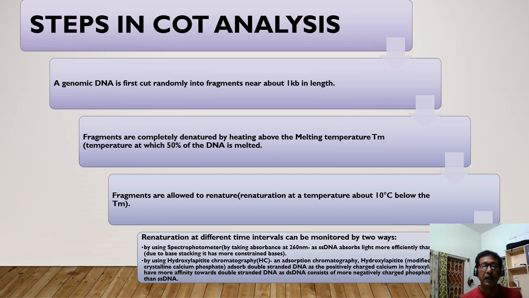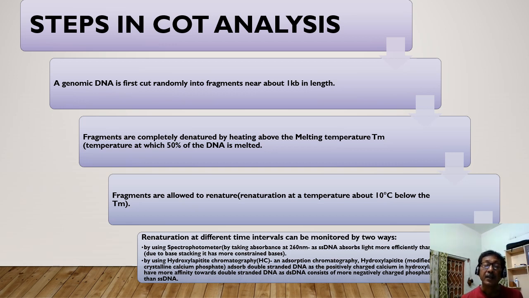Firstly, we have to isolate the DNA from the cell, and this DNA is cut at 1 kb in length. The fragments are completely denatured by using temperature. The melting temperature has to be calculated, where 50% of the DNA will be melted.